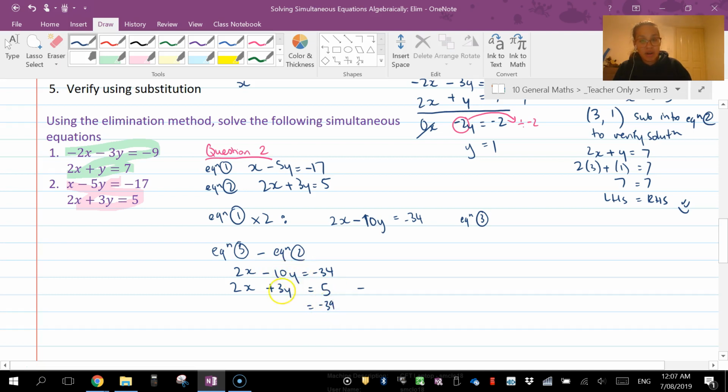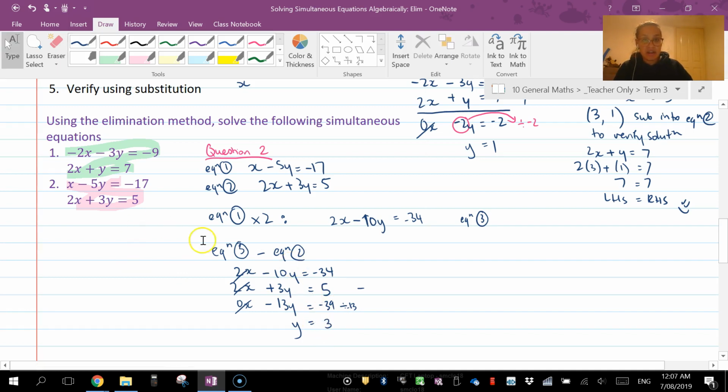Negative 10y minus positive 3y gives us negative 13y. And 2x minus 2x cancel out, gives us 0x, and we don't need that. So here's my variable. X has been eliminated, and negative 13y divided by negative 13 leaves us with y. Divide this side by negative 13 gives us positive 3.